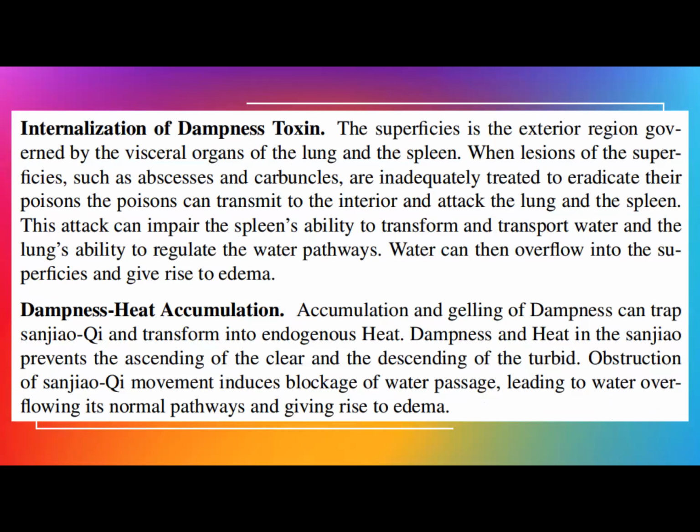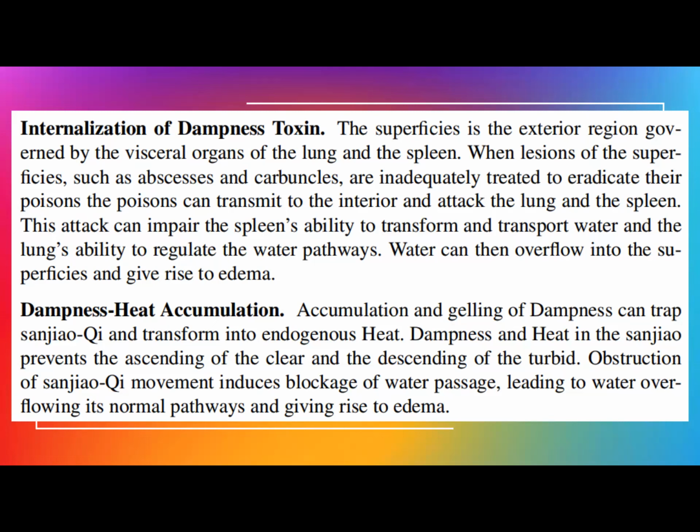Next is internalization of dampness toxin. The superficies is the exterior region governed by the visceral organs of the lung and the spleen. When lesions of the superficies, such as abscesses and carbuncles, are inadequately treated to eradicate the poisons, the poisons can transmit to the interior and attack the lung and the spleen.